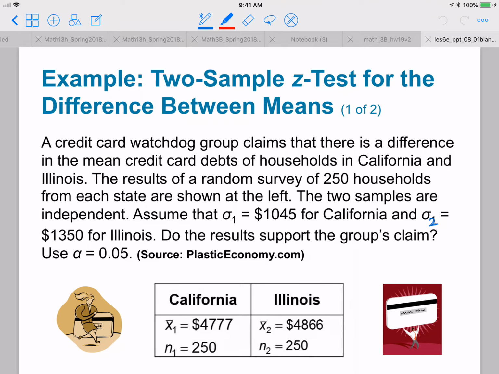And this is very clear from this right here. Sigma 1 and sigma 2 are known, so we can verify that. The second thing we need to know is that our samples are independent. So the 2 samples are independent. We've got that. The next thing is that we need to know that our samples are random. And that is true because the surveys were random.